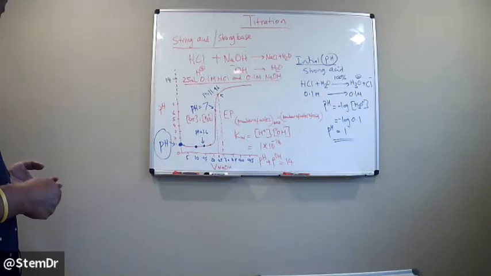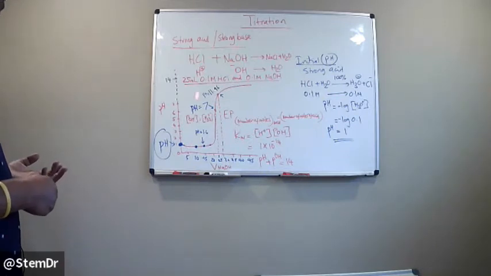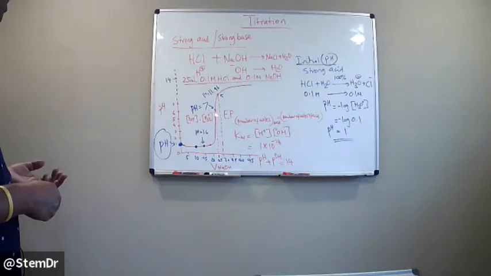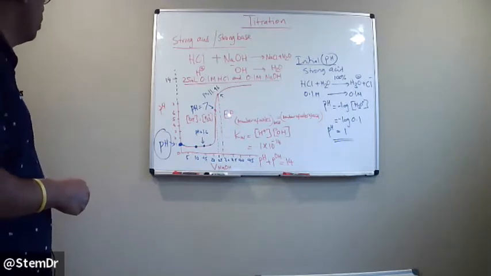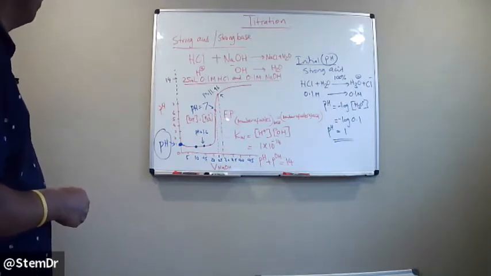As you are adding your sodium hydroxide to the HCl in your flask, the pH slowly starts to rise until it reaches an equivalence point. What's an equivalence point? Now, the second important concept to define is the equivalence point.